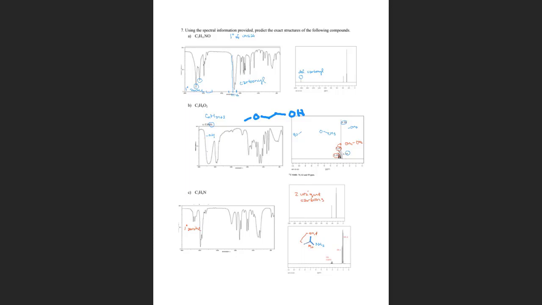Okay. Oh, another thing. So we have 5 carbons. Based on CNMR, do we see any symmetry? How many unique carbons do we have?